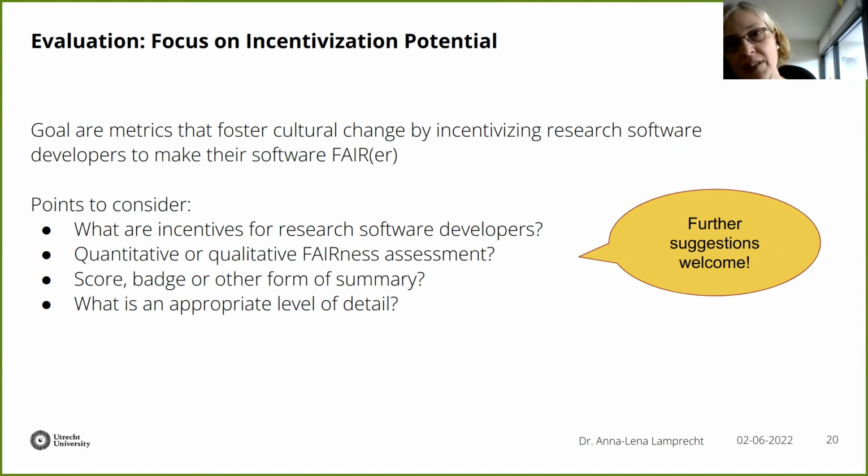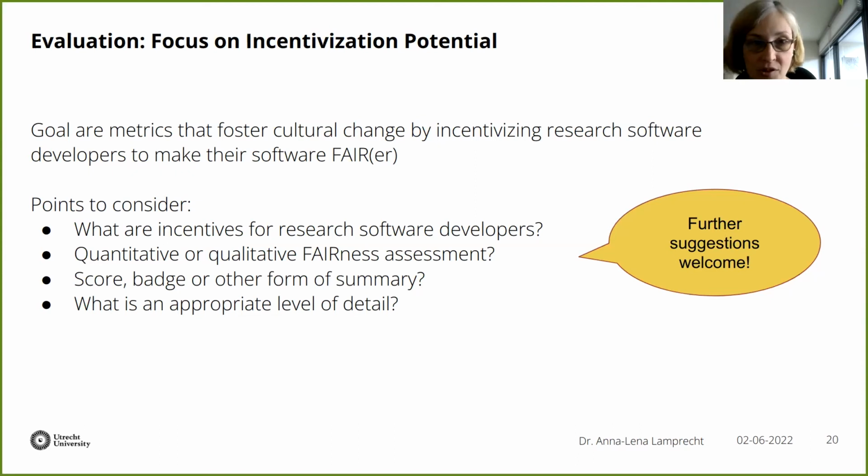And as I said, the motivation of this project is really to focus on not only what are accurate metrics, but what is useful to foster cultural change, in the sense that people feel incentivized to make their software fairer. A point to consider is, what are actually the incentives for research software developers? And that probably differs depending on who the developer is.